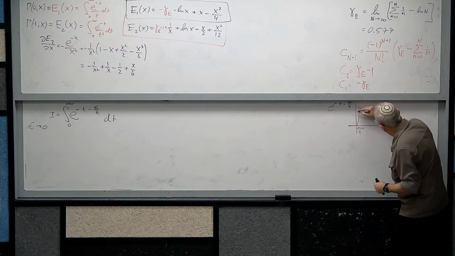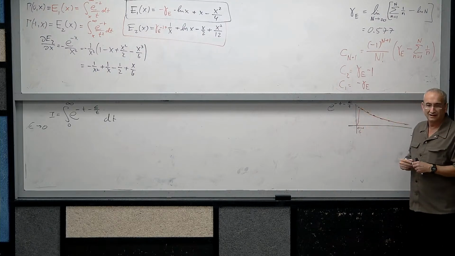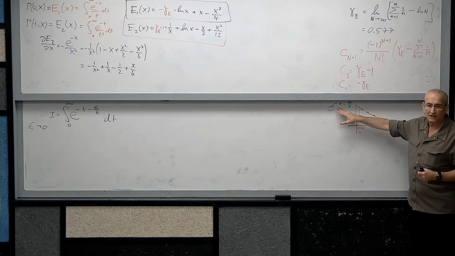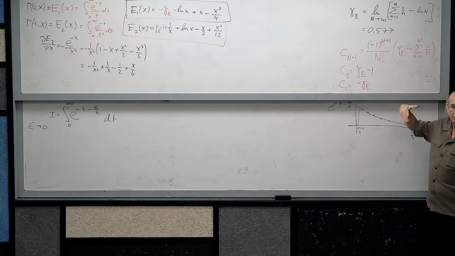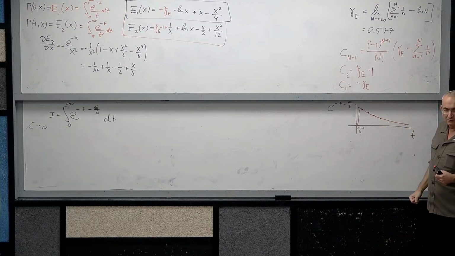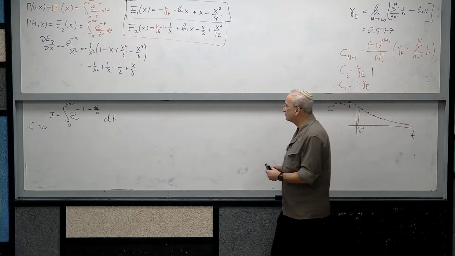Okay? So clearly, when epsilon is going to 0, the smaller epsilon is, we are going to have something like that, and clearly the integral over e to the minus t, what is the integral from 0 to infinity of e to the minus t? 1. So the integral will approach 1 as epsilon goes to 0, but the question is how? You see? Good.